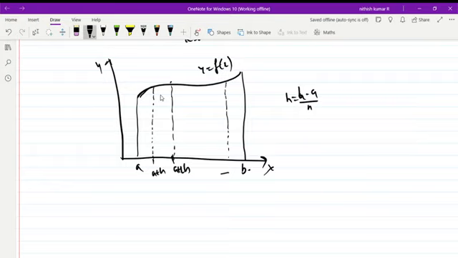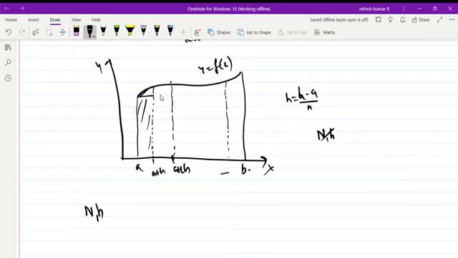Say it as m1, take it as the smallest value between a and a plus h. Then it will be here in this figure. So the area of this rectangle will be m1 into h.